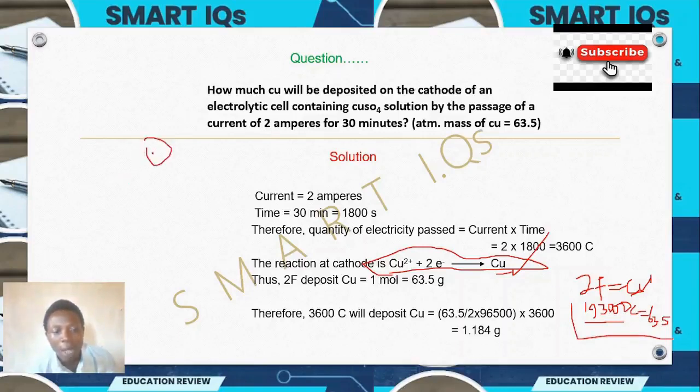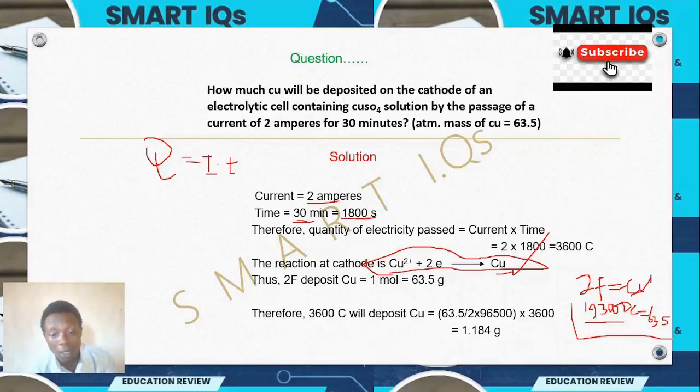Remember that we have our Q, which is equal to I times T. Good. That is current times time. Very good. The current is 2 amperes. The time is 30 minutes. So 2 amperes of current is made to pass through that solution for 30 minutes. So we have to convert 30 minutes to seconds. When we do that, we multiply 30 by 60, and we're going to get what?